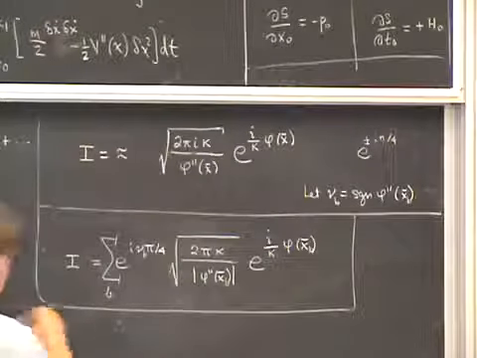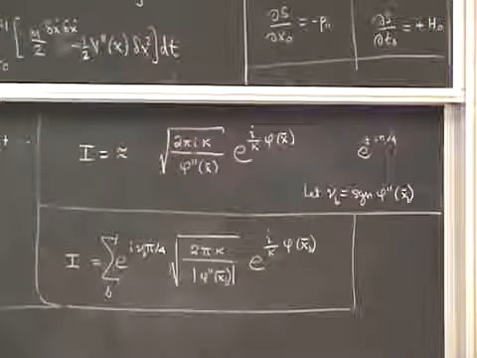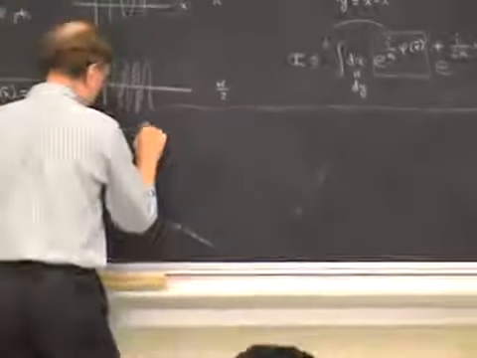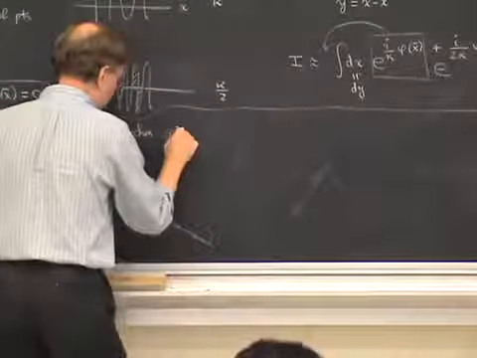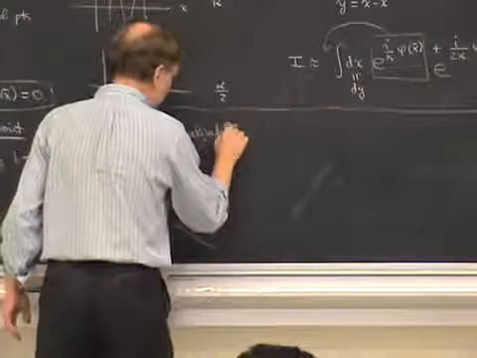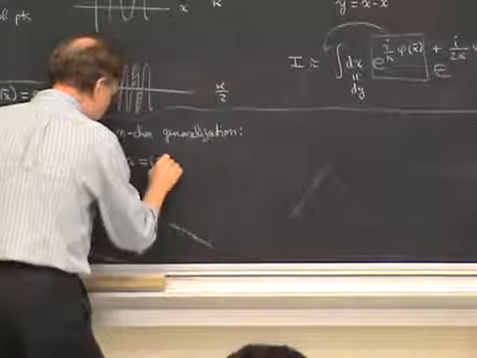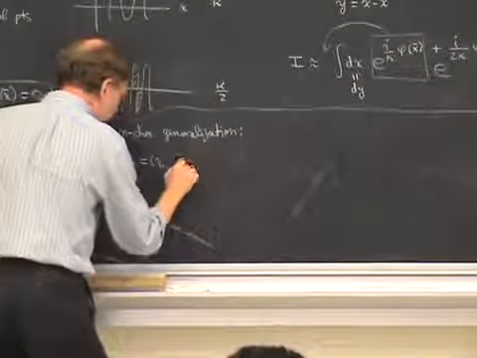Now, let's do a generalization of this. Let's do the n-dimensional generalization. And I'm also just quoting answers in this case. Let's let x now stand for x1 up to xn.